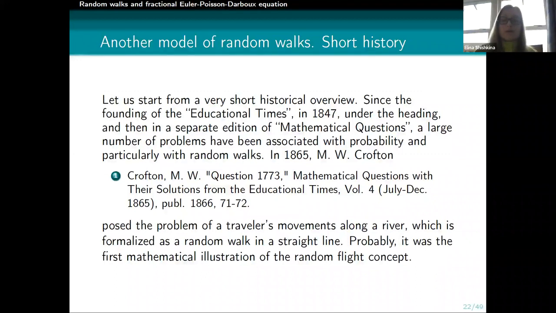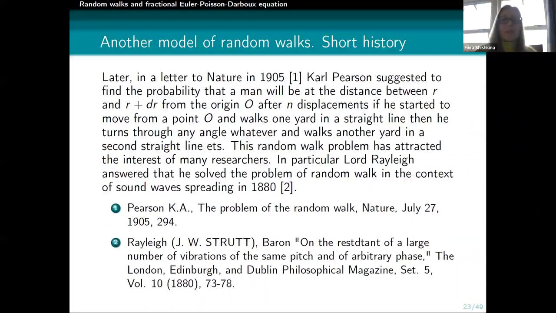And the question was what distance he can move for some time. Later, in a letter to Nature, Professor Pearson, at the beginning of the 20th century, suggested the solution of the following problem.